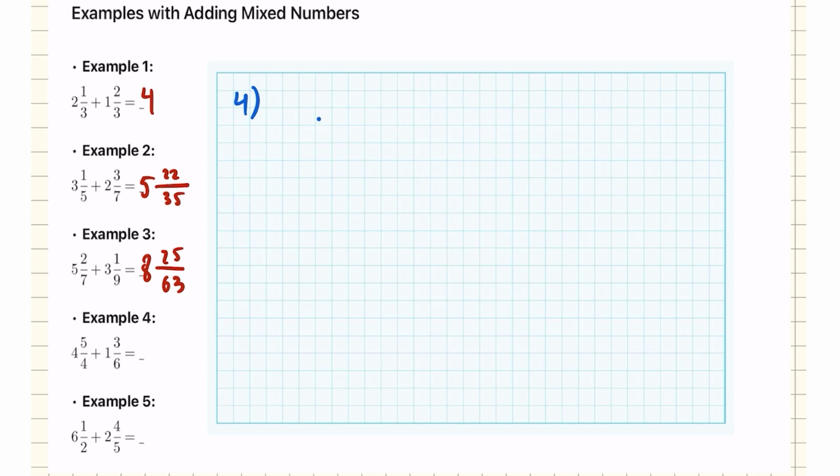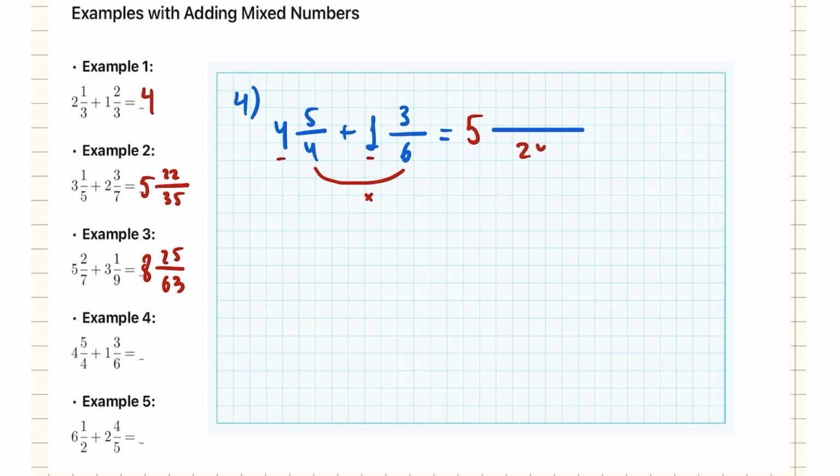Now number 4. We have 4 and 5 over 4 plus 1 and 3 over 6. Doing the same thing. Add 4 and 1, we get 5. Then we see that we have different denominators, so we multiply them. We multiply 4 and 6, and we get 24. Then we multiply numbers by cross: 6 times 5 plus, now the second pair, 4 times 3.